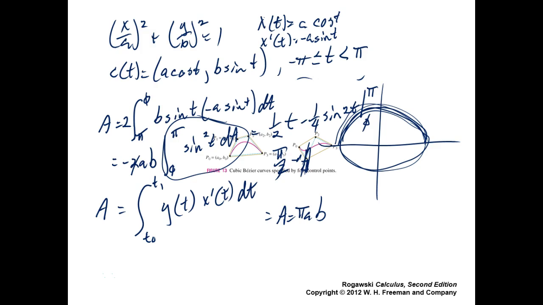Okay. Now why they do it pi to 0 rather than 0 to pi, I'm not sure. Unless, oh, this is probably it. They're probably going from here to there. So this is your T0, that's T1.